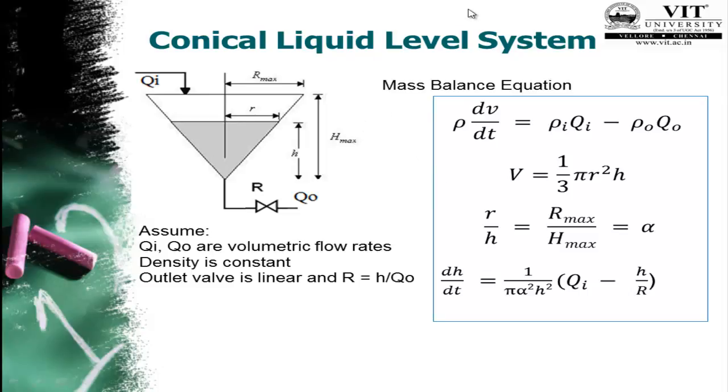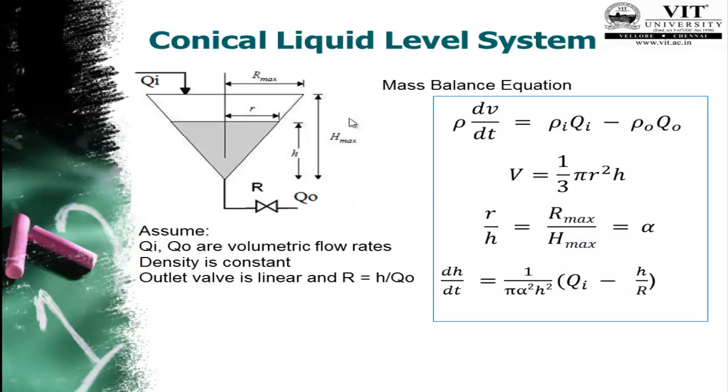So the model equation becomes rho dV by dt, where this V is the volume of the tank, is equal to rho I QA, the amount of mass coming into the system, minus rho naught Q naught, the amount of mass leaving the system. For the conical tank, at any h, the liquid volume is 1 by 3 pi r square h. So for the conical tank, we have a tank constant.